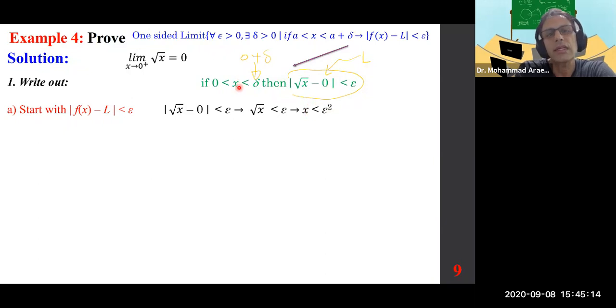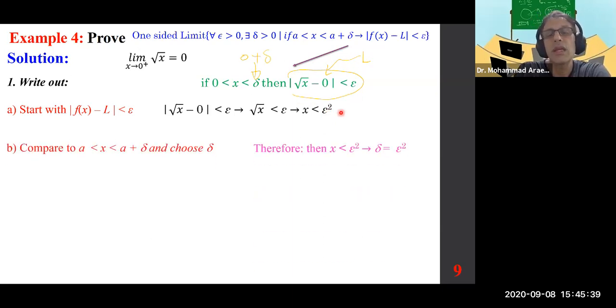Compare this one, x is less than what? Delta. So put this next to this, and that gives you the relationship between delta and epsilon squared. So simply put, what would you choose for delta? Delta should be epsilon squared, that's all. So delta should be epsilon squared. If you can come this far, pretty much you're done, class, okay? Pretty much you're done. And that's really important to see.